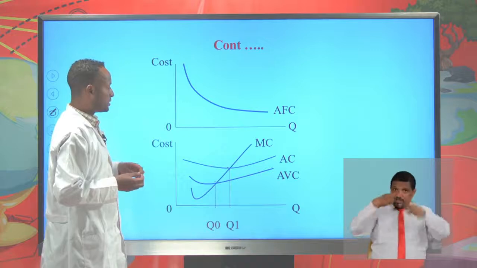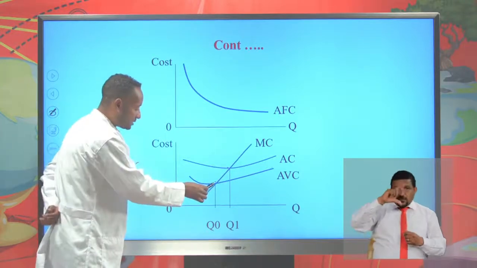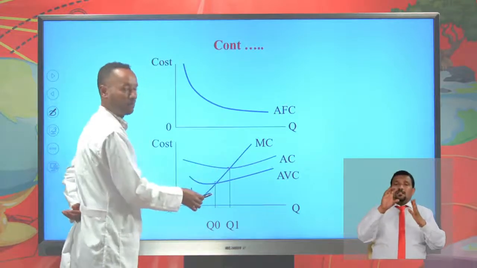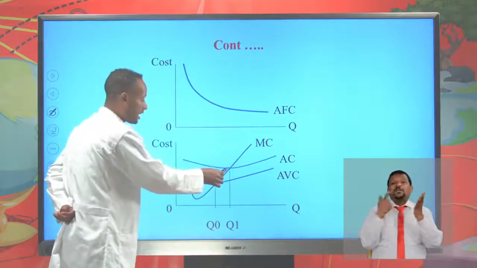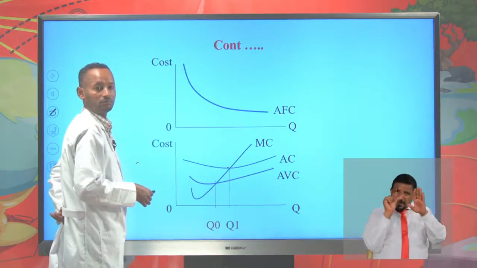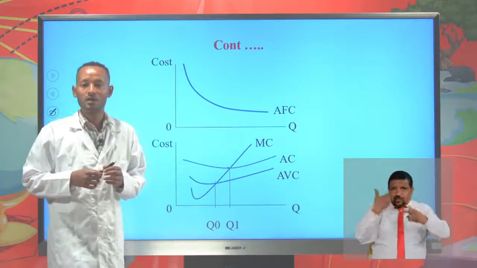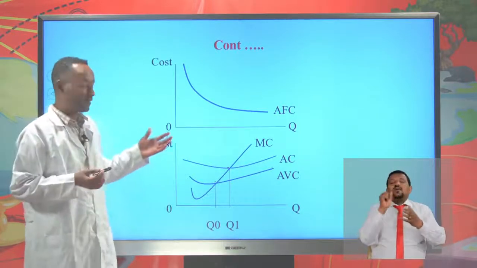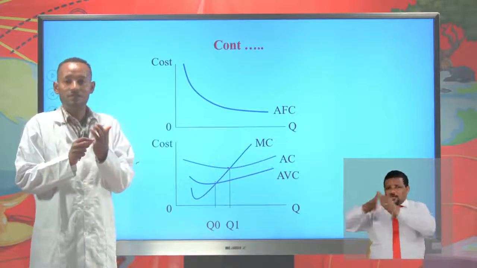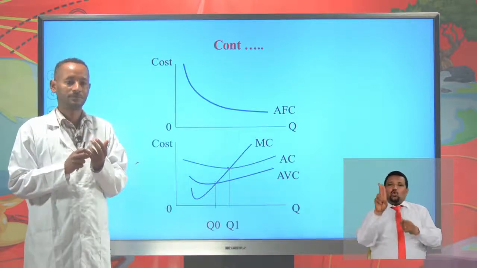Another relationship between the AC and the AVC curve: the AVC curve reaches its minimum point before the AC curve reaches its minimum, or AC reaches its minimum after the AVC reaches its minimum. So we can point out these relationships between the AC and the AVC curve. First, the patterns of the AC and AVC are similar. Both are U-shaped curves.